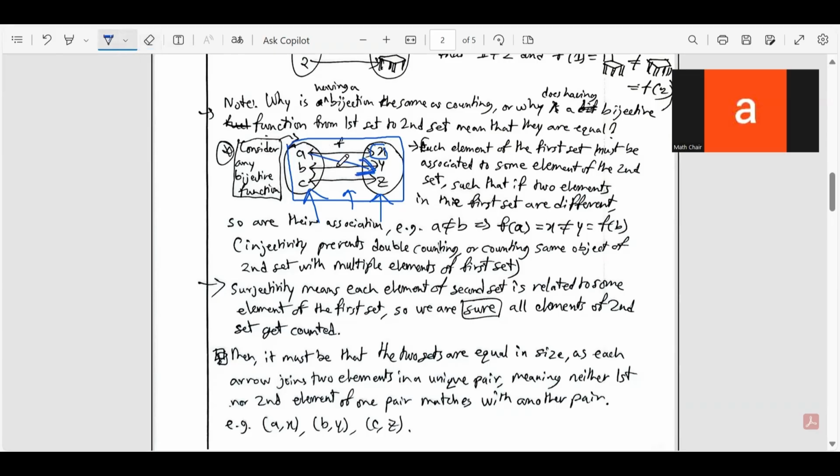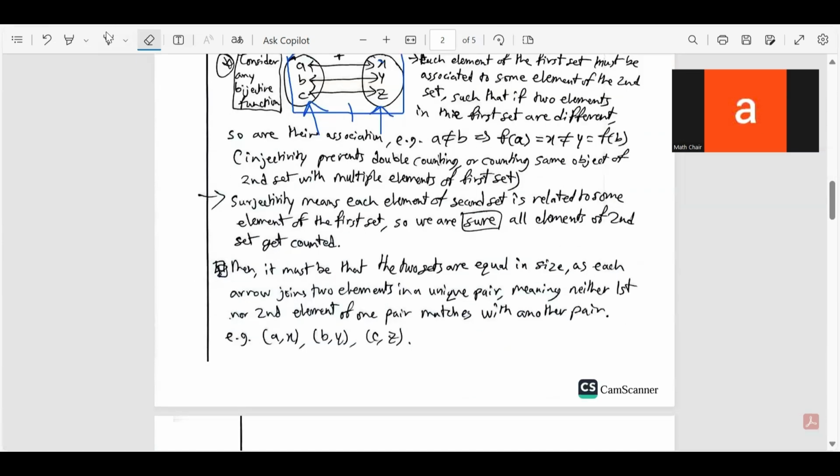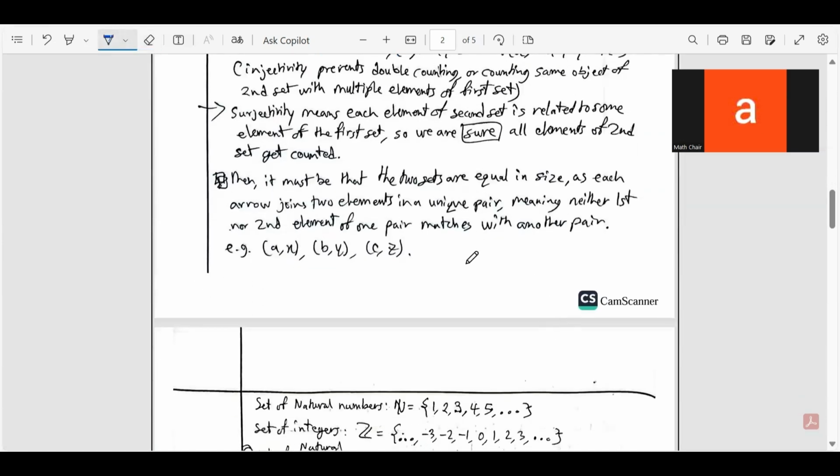I can't do this, that's not allowed. And furthermore, each element in the second set has at least one arrow attached to it. And furthermore, if two elements are different, they are related to different elements. So you can look at it as a bunch of parallel arrows, though it's not necessary that they have to be parallel arrows.